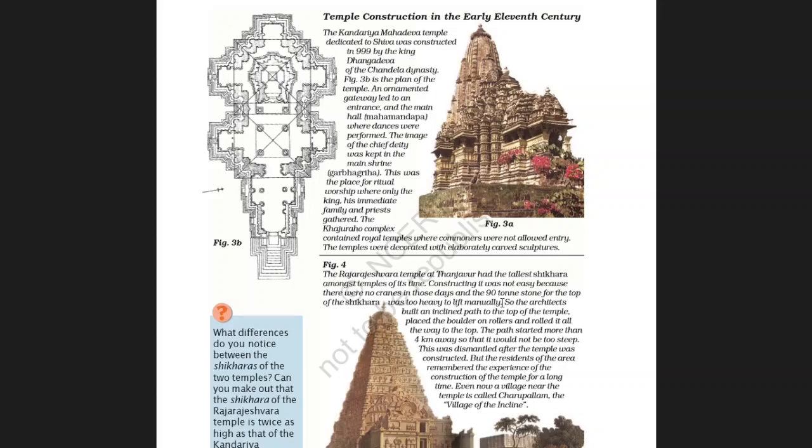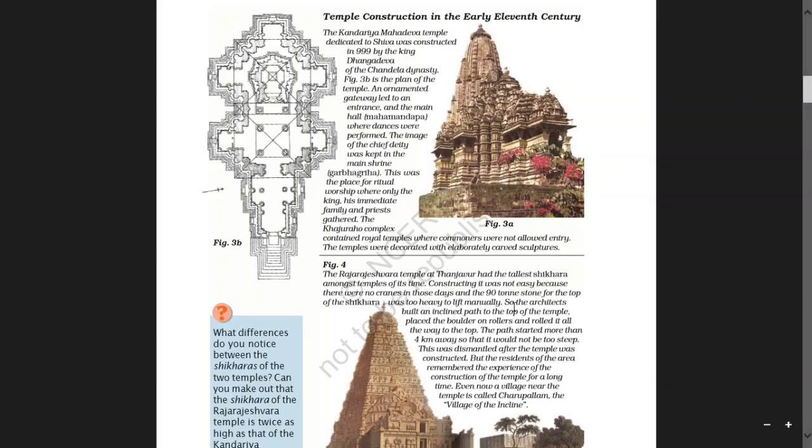In those days, it was not easy. It is because there were no cranes, and the 90-ton stone for the top of the shikhara was too heavy to lift manually. So, by using manpower to carry 90-ton stones for the top of the shikhara, it was too heavy.